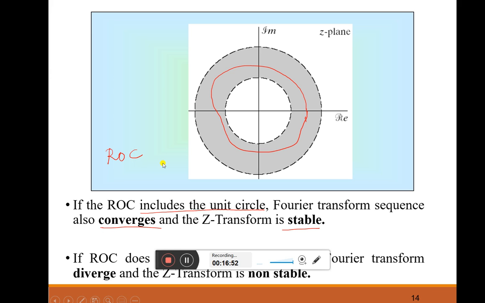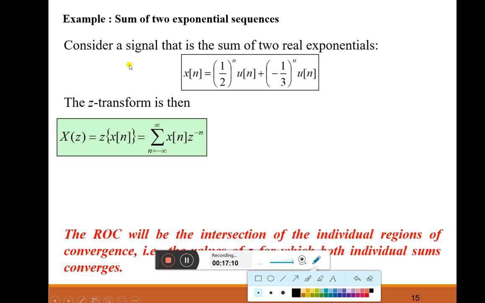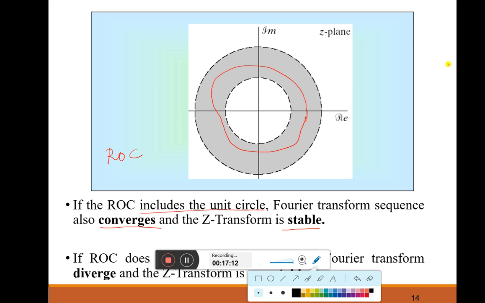So dekat sini ring type, ya, for ring type katakan antara dalam ni, dalam region ni. So kalau katakan inward tadi tu, so dalam bentuk inward, so kawasan lorek ni di dalam circle, so unit circle tu mesti ada di dalam circle tu.